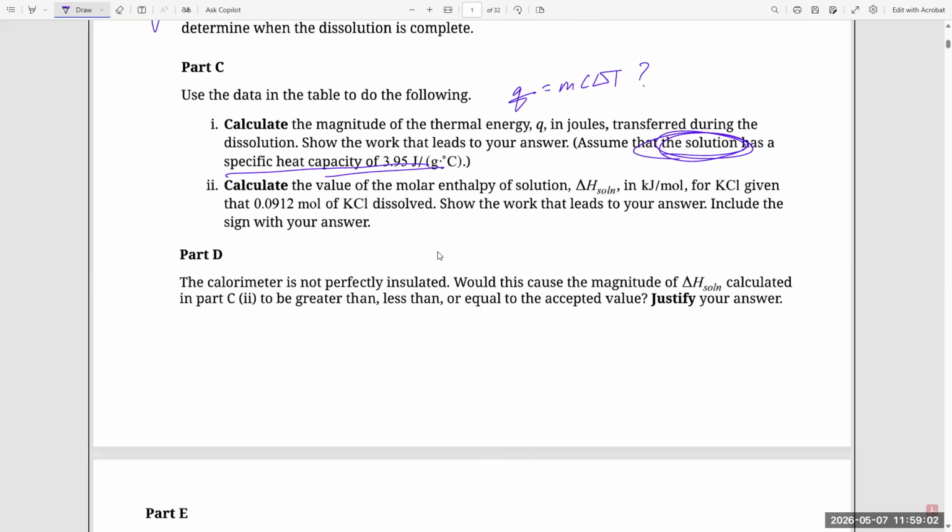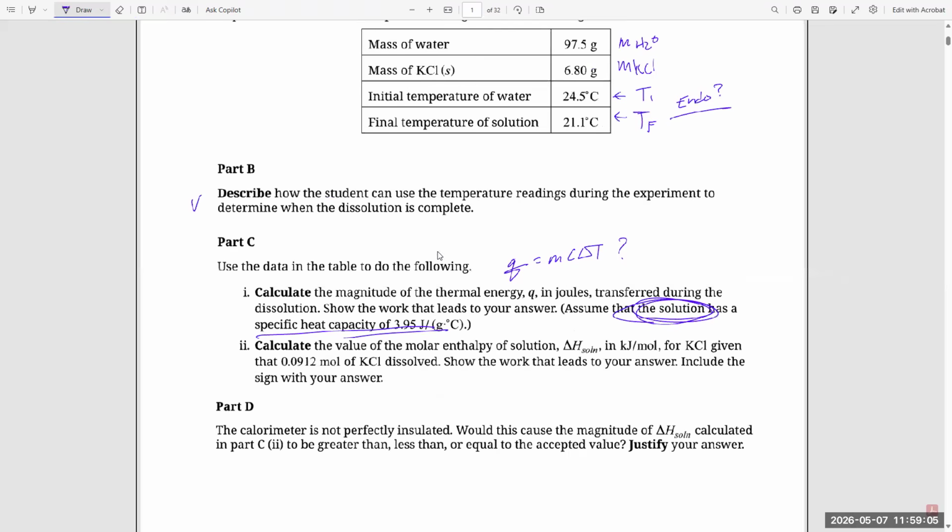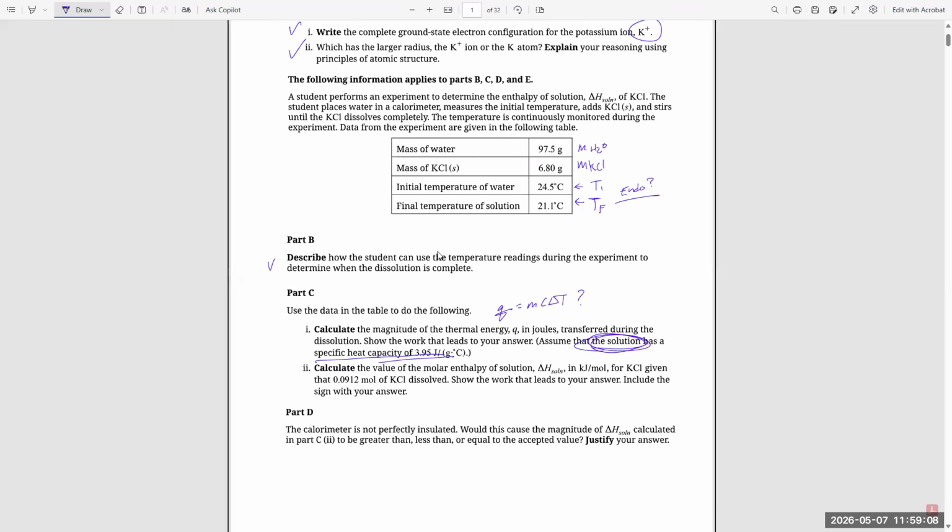Since it's a solution we're talking about, we would probably have to use the mass of both, because we have mass of water and KCl. If they gave you a heat capacity of 4.18 joules per gram degree Celsius, then you would assume that's water, and we'd just use the mass of the water. But in this case, it specifically says solution. So therefore, we're going to use the mass of both. So it's 97.5 plus 6.8.